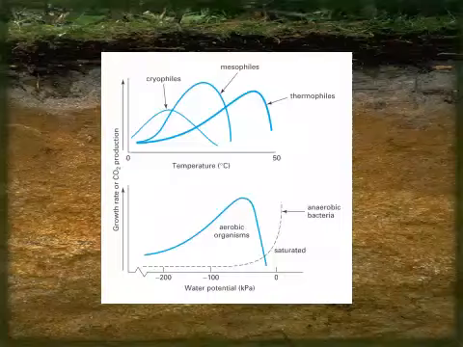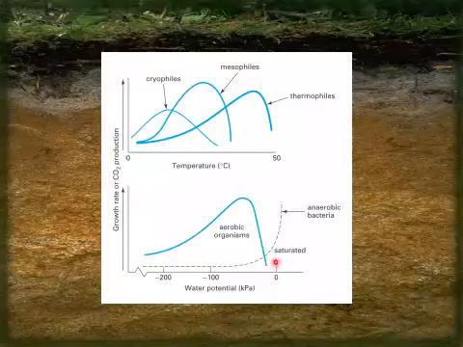We need to talk about aerobic and anaerobic bacteria and organisms. So aerobic means that they like oxygen. Anaerobic means that they like no oxygen. Okay, and so what this graph is showing you right here, 0, this is where we say that the soil is saturated. And as you move left here, the soil is drying out.